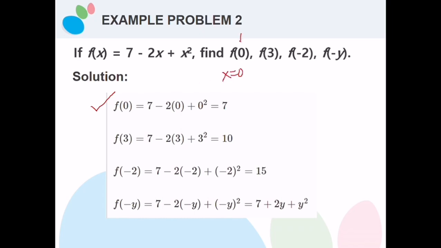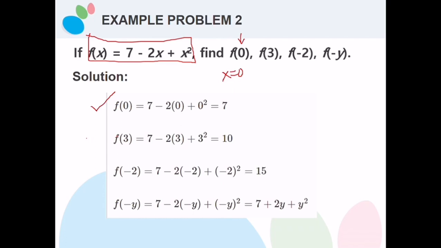We are going to substitute the value of x, which is 0, in the given equation. So 7 minus 2 times 0 plus 0 squared is equal to 7.